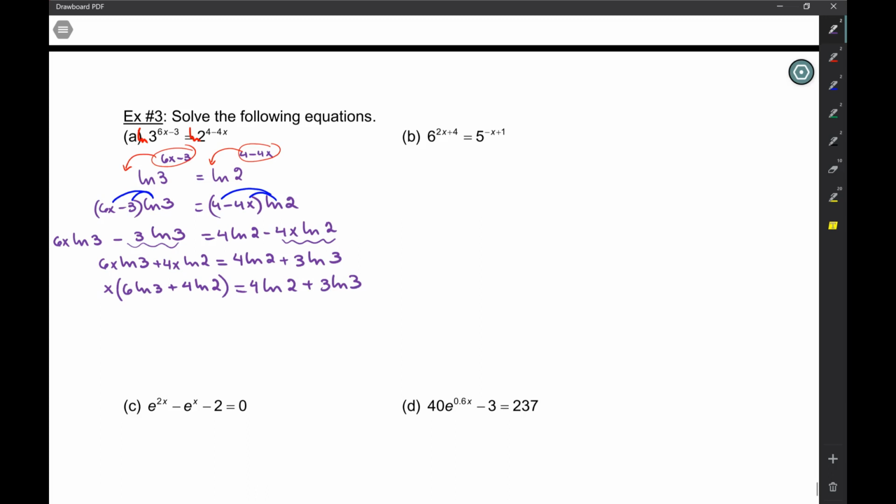Okay? Now, why did you choose natural logarithm? I think you could do any log, right? It's the same because they're different bases. X equals, now I'm going to divide, so it'll be 4 ln of 2 plus 3 ln of 3 over 6 ln of 3 plus 4 ln of 2.